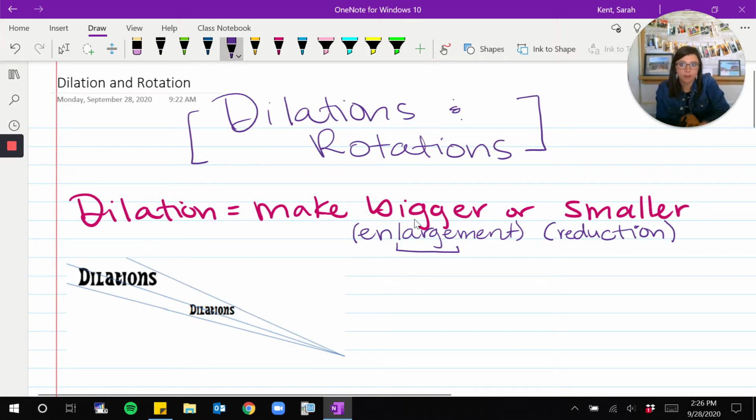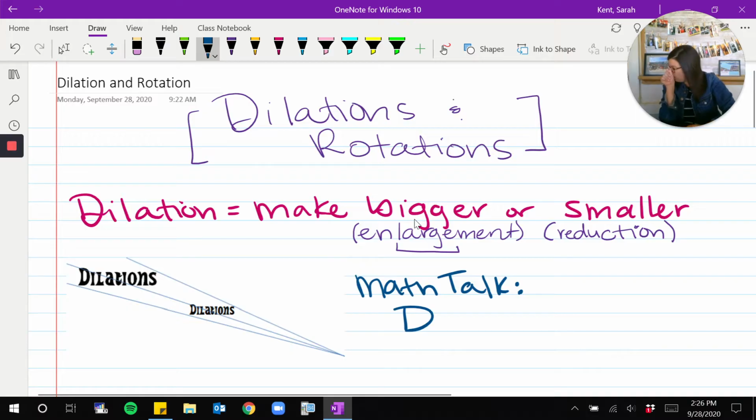So for math talk, for our dilation, it's going to be a D for dilate, and then you'll have a number down here as small, and then your point (x, y).